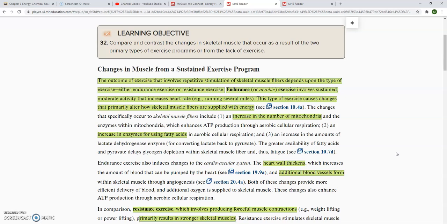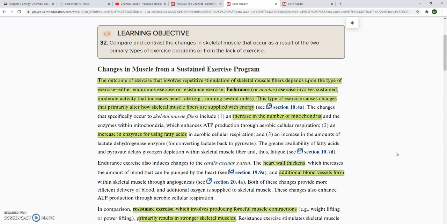to make more ATP in a more efficient way, so that way your muscles won't get fatigued over time doing those endurance exercises. So like an increase in the number of mitochondria could happen. You'll get an increase in enzymes for using fatty acids. So we have that source of organic molecules to be used for aerobic cellular respiration.